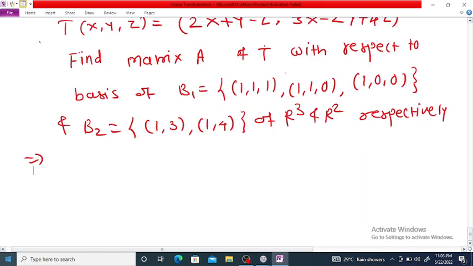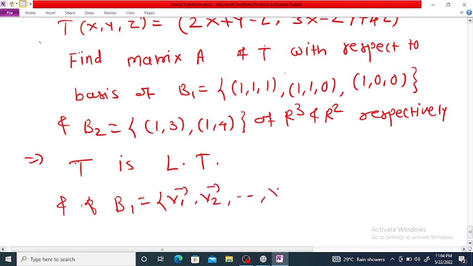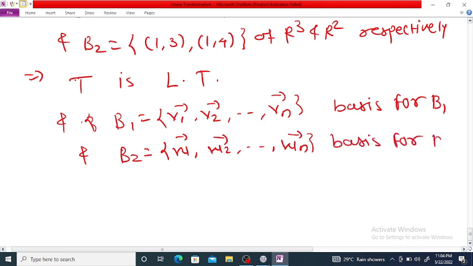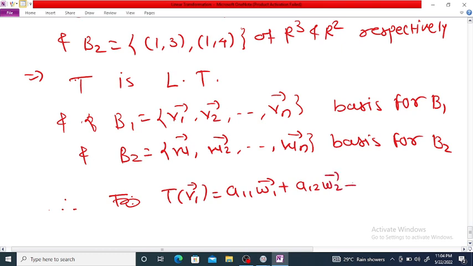So as we know, if T is a linear transformation, and B1 equal to v1 bar, v2 bar, up to vn bar is a basis, and B2 equal to w1 bar, w2 bar, up to wn bar is a basis, then since T is linear, we can write T of v1 bar is equal to a11 w1 bar plus a12 w2 bar plus dot dot dot a1n wn bar.